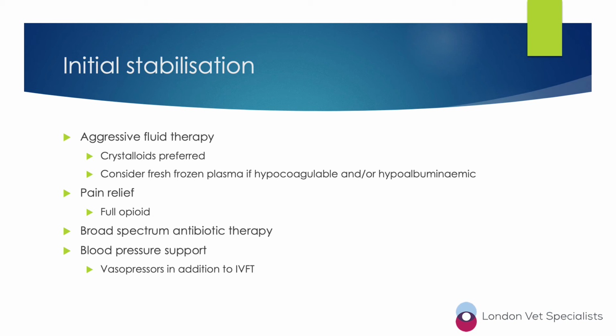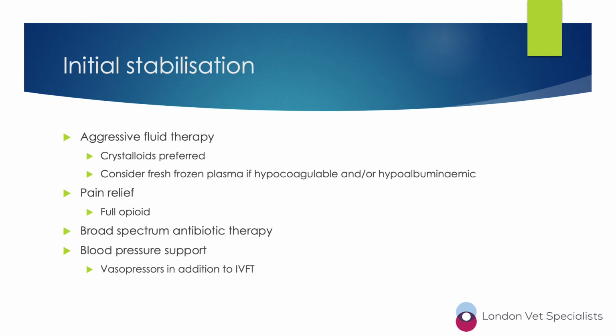Because this tends to be a painful condition, we need to make sure that we give opioid analgesia, so again, methadone usually. It's really important to start broad spectrum antibiotic therapy initially, as this is very time dependent, and the sooner we can get antibiotics on board, the better.